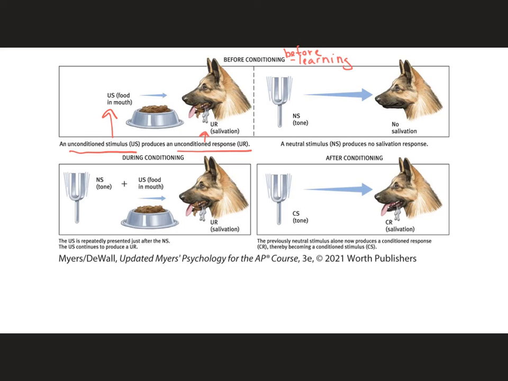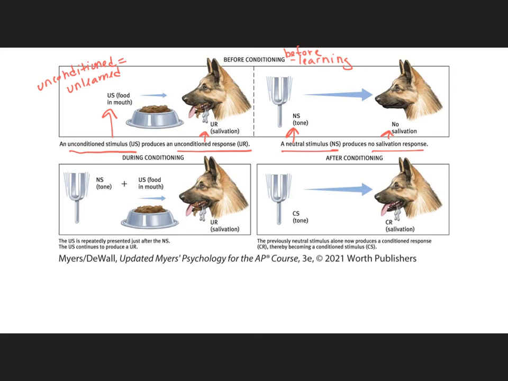And again, unconditioned means unlearned. Then we take a neutral stimulus, which is the bell, and you have no response, which is good. That's what you want to see happening. If it causes a response, it's no longer a neutral stimulus.